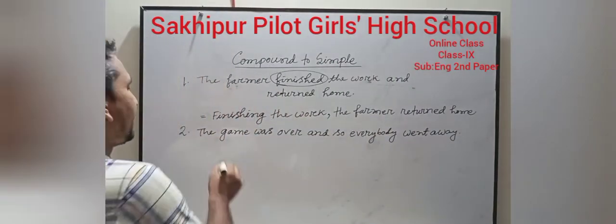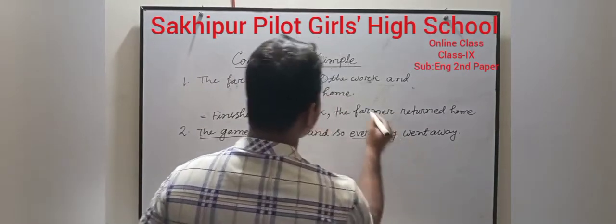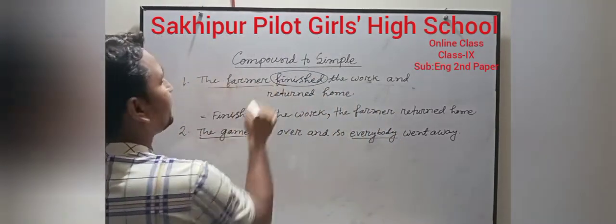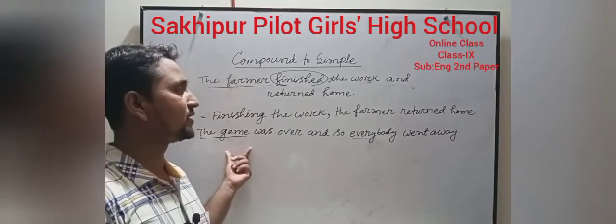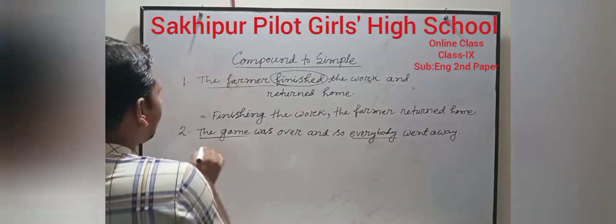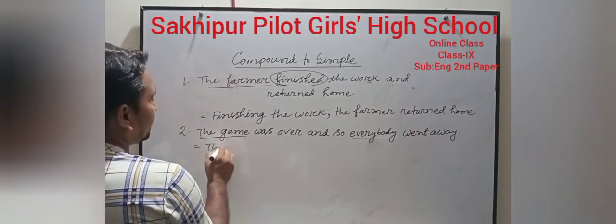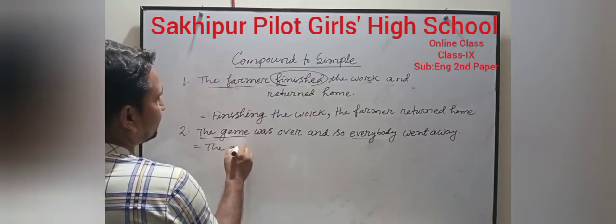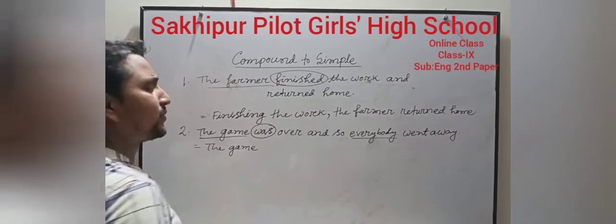Here we can see the subjects are different between the two clauses. If we want to change this compound sentence into simple, then the subject will not be changed. At first you have to write the subject of the first clause, the game. Then the be verb will be changed into a participle.